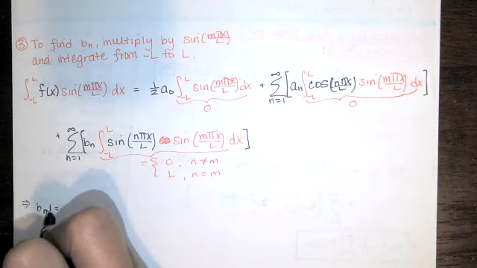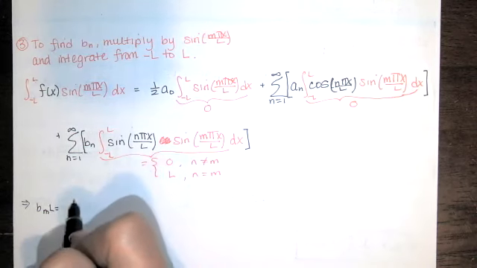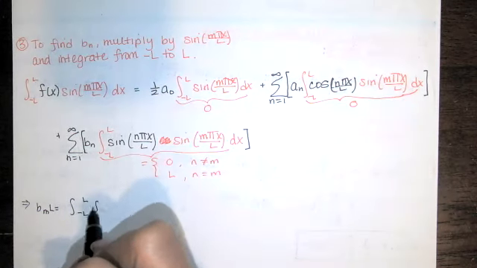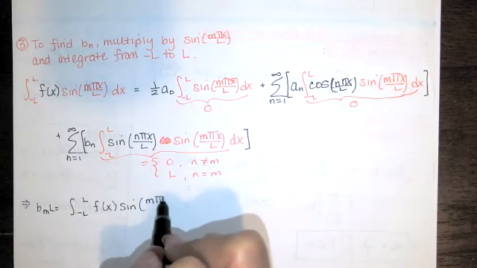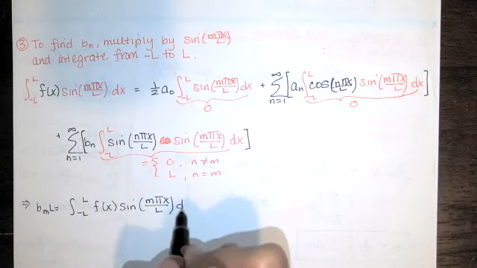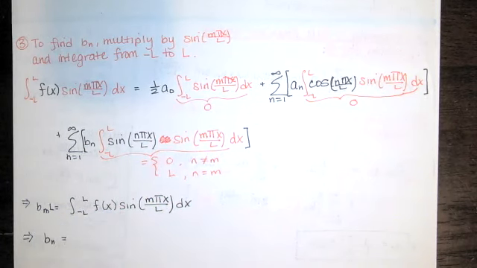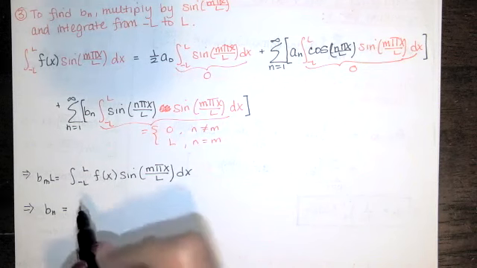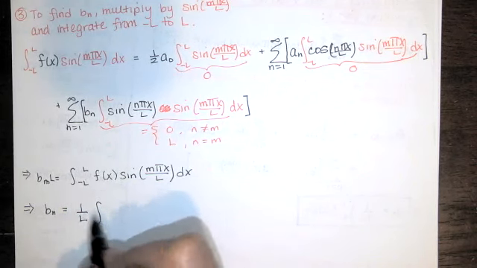Well, let's write it in terms of m first. We have b sub m times L from the right-hand side equals the integral from negative L to L of f times sine of m pi x over L. And if we want to switch to n, as we often do, we'll just let m equals n. It's a dummy variable, that's totally allowed, and then we divide by L there.